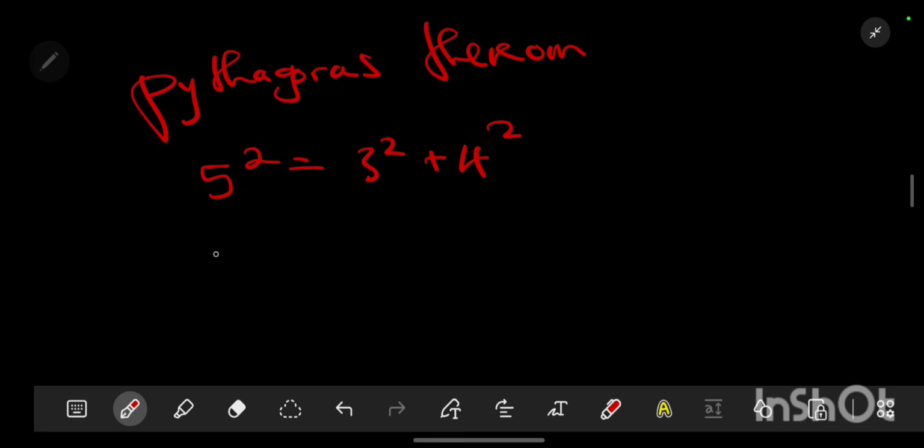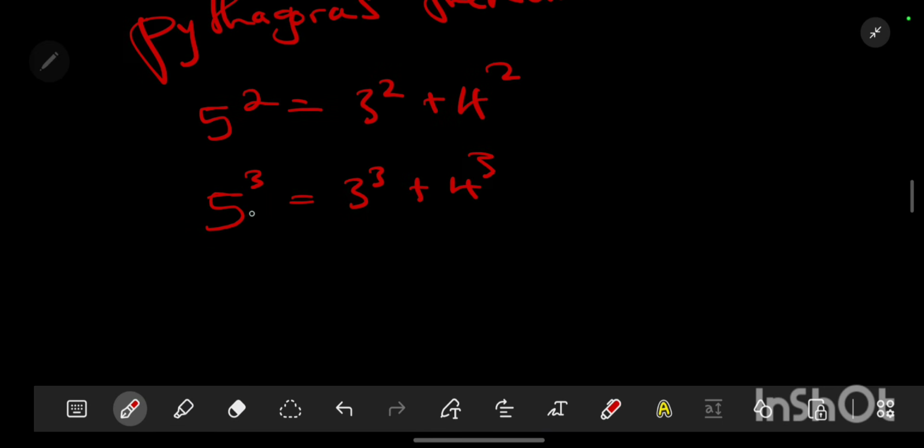If you say 5 to the power 3 is equal to 3 to the power 3 plus 4 to the power 3, this is wrong, because 5 to the power 3 is 125, 3 to the power 3 is 27, and 4 to the power 3 is 64.